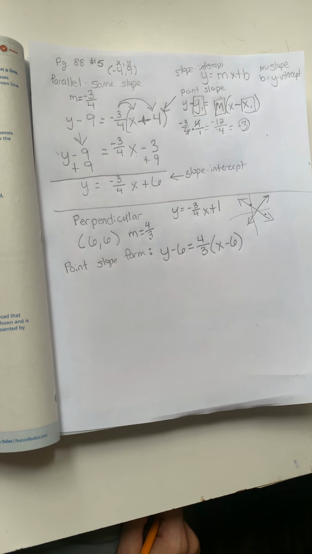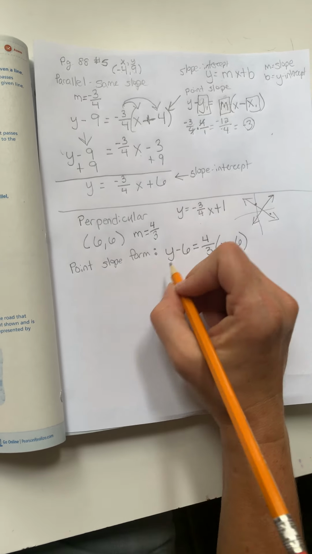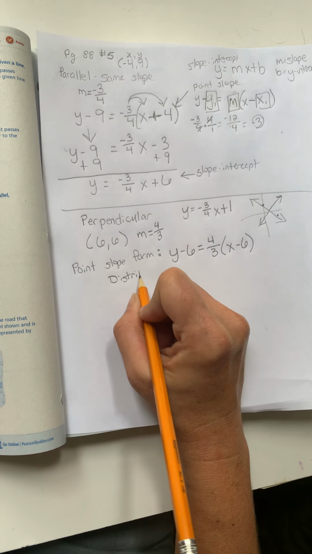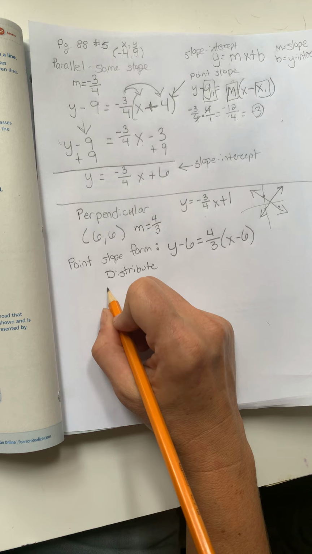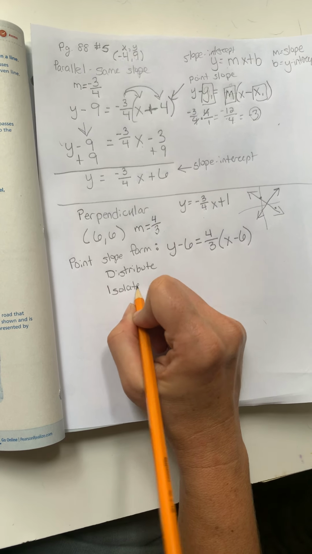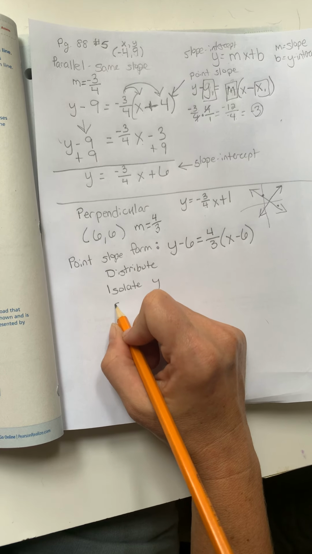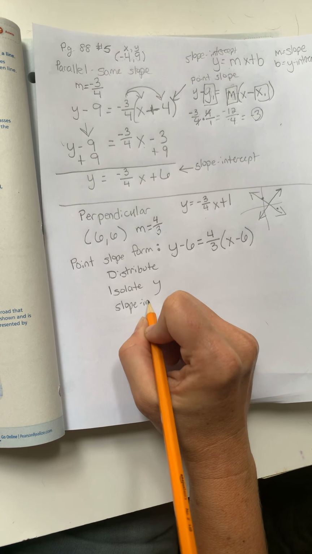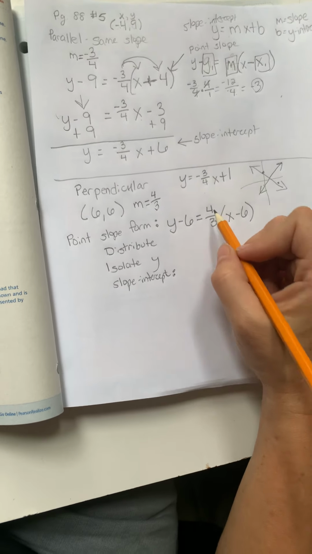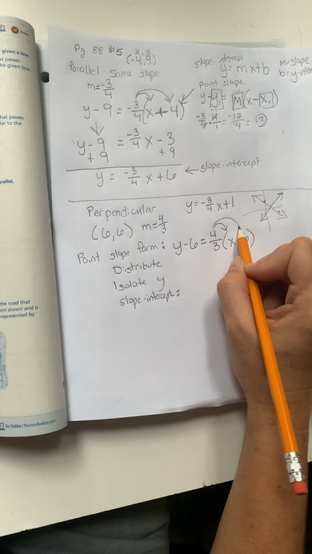Then if it asked you to give it in slope-intercept, you would distribute, and then you would have to isolate y to get slope-intercept form. Okay, so those are the two steps. First, distribute.